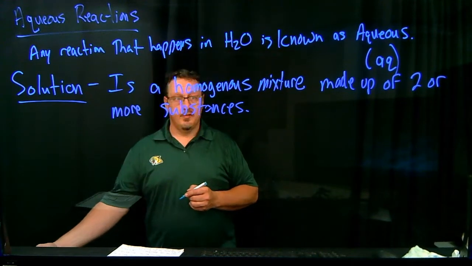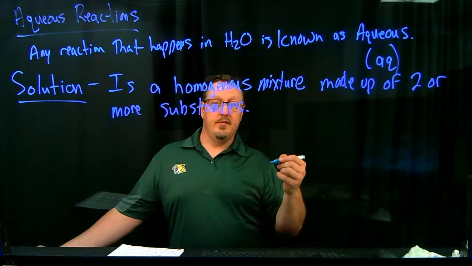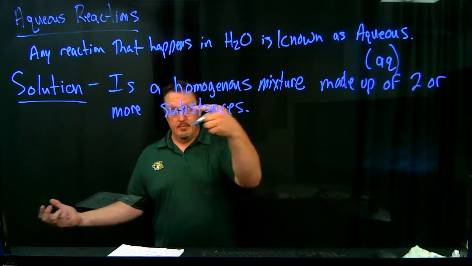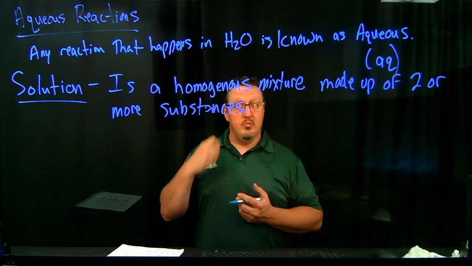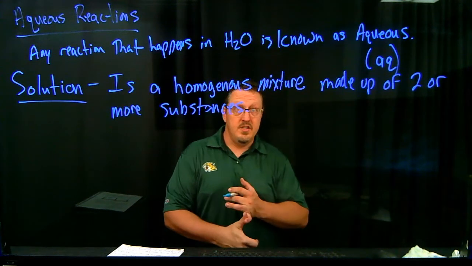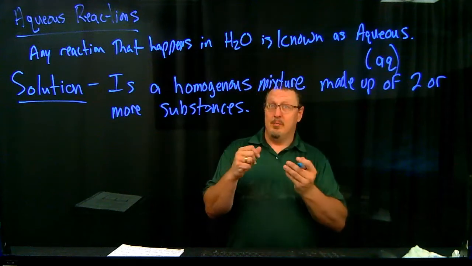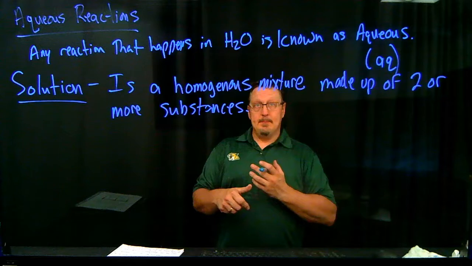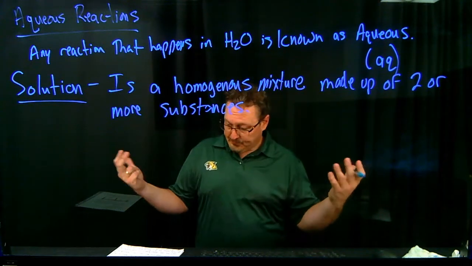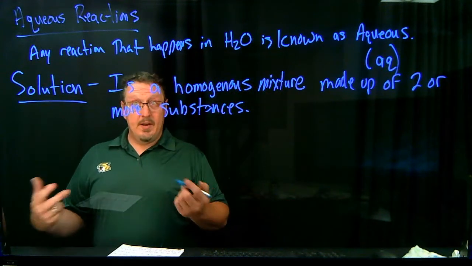An aqueous solution is going to be made up of water, but any solution is a homogeneous mixture made up of two or more substances. We can have solid solutions, like a brass alloy is a solid solution. You've got copper and zinc together, and so that's another definition.